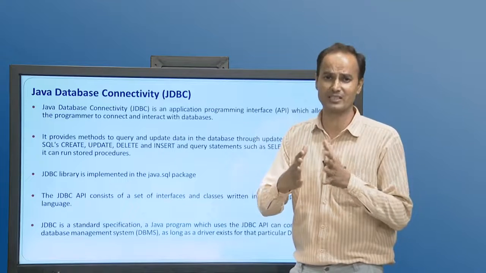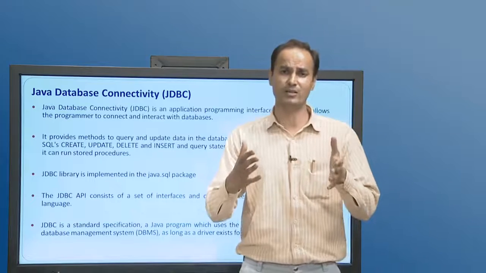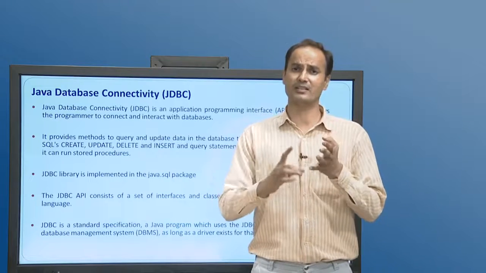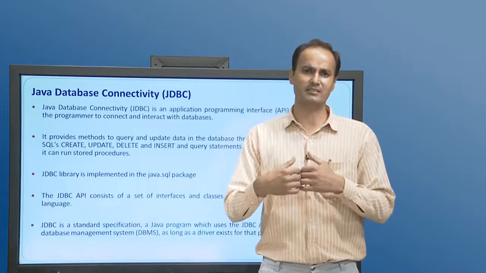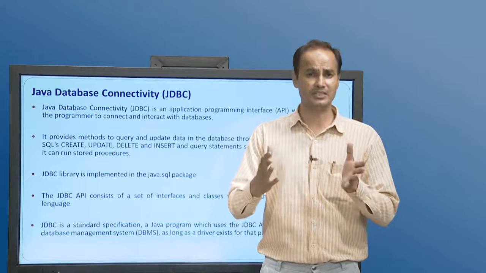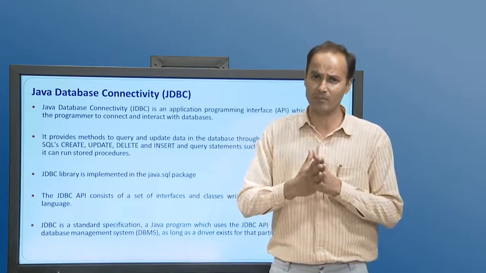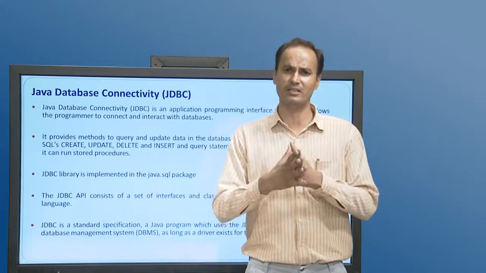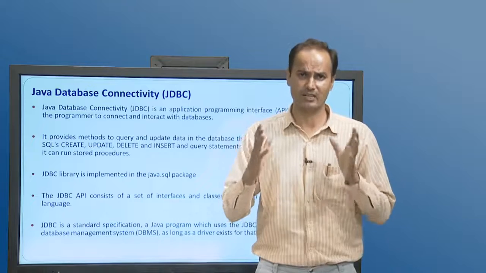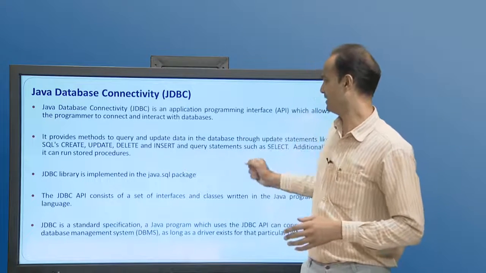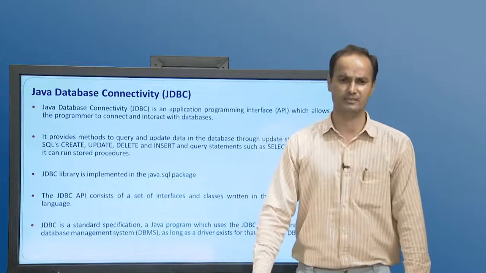JDBC, Java Database Connectivity, is an API which allows a Java developer to perform database tasks like connection creation, firing queries, retrieving results, manipulating data and updating data. The API provides a number of classes and interfaces that are implemented to perform these database tasks. The JDBC library is implemented in the java.sql package. As I said, it consists of a set of interfaces and classes.